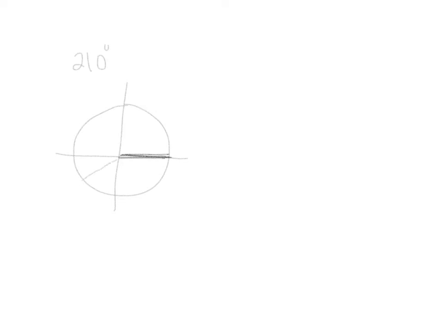So we would draw our terminal side 30 degrees further than 180. It is crucial then that you show the angle by putting in the arc. That's the way we have from 0 to 210 degrees.